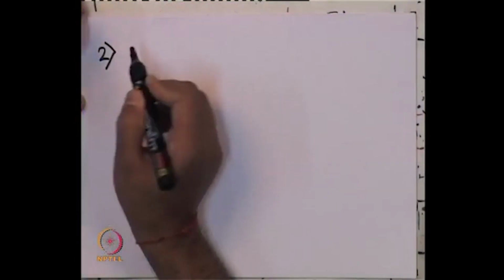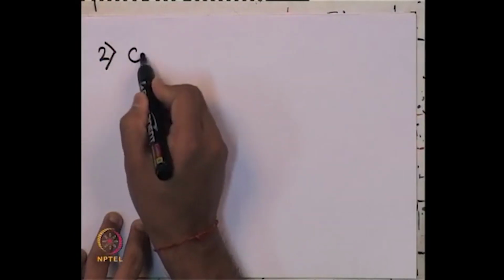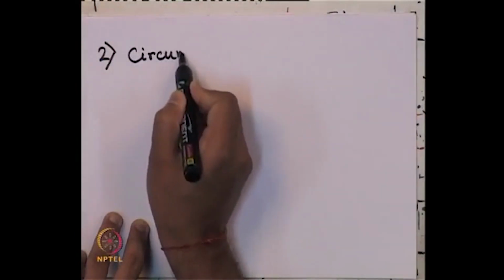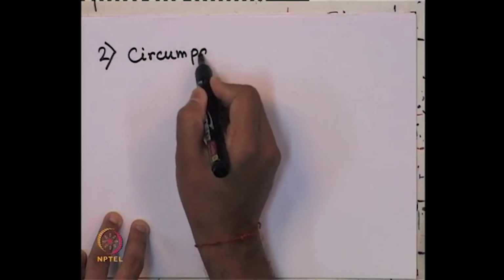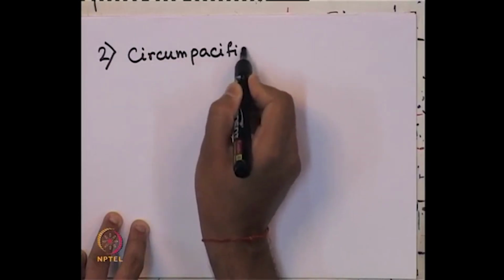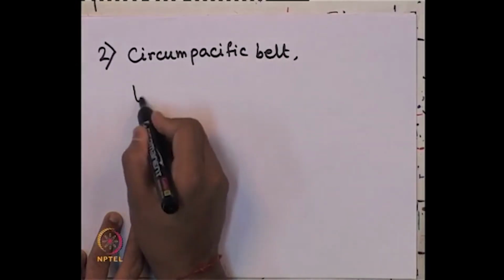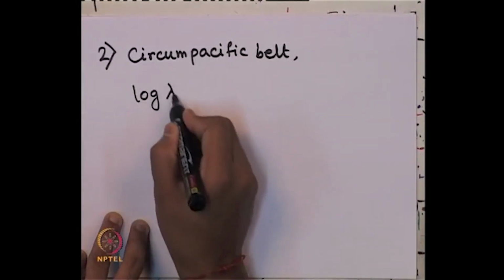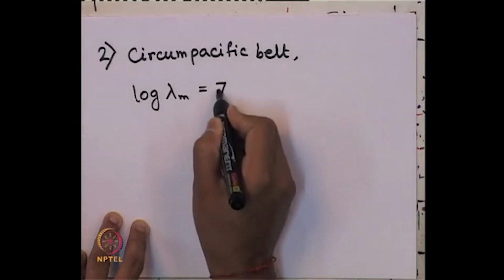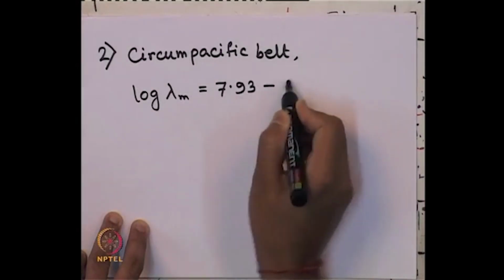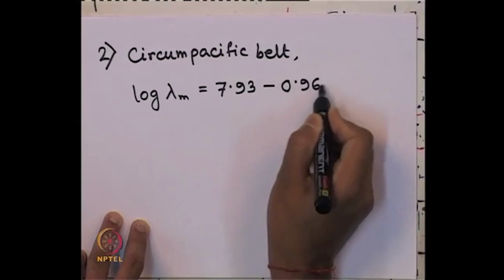First, let us write down the Gutenberg-Richter equation for the circum-Pacific belt. So, for problem number 2, for the circum-Pacific belt using worldwide data, the equation is given by log of lambda m equals 7.93 minus 0.96 m.